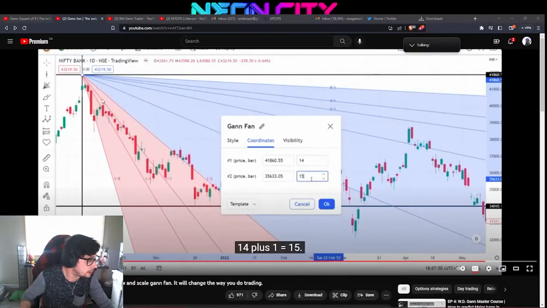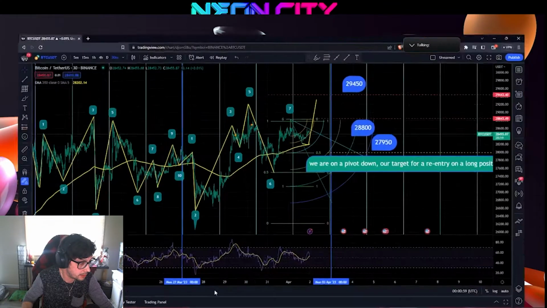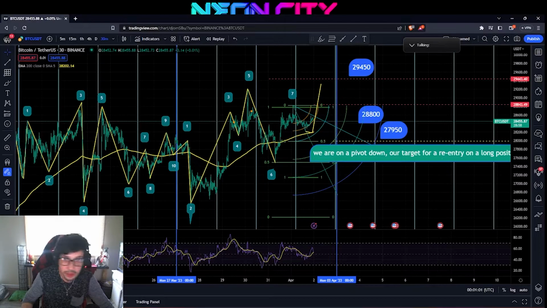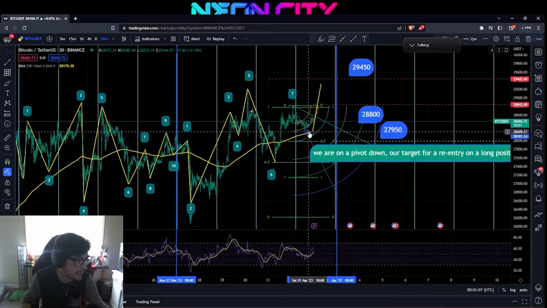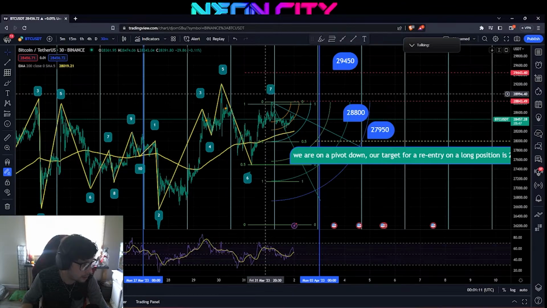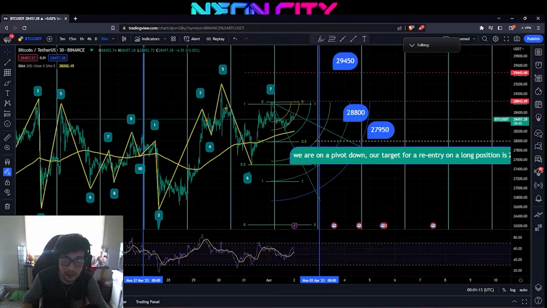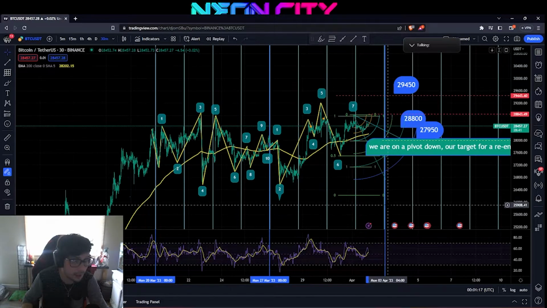Let's see. This chart. So this is today's chart right now. You see, guys, I think we already placed pivot point 8. We're almost ending the cycle. So our cycle is from Monday to Monday.